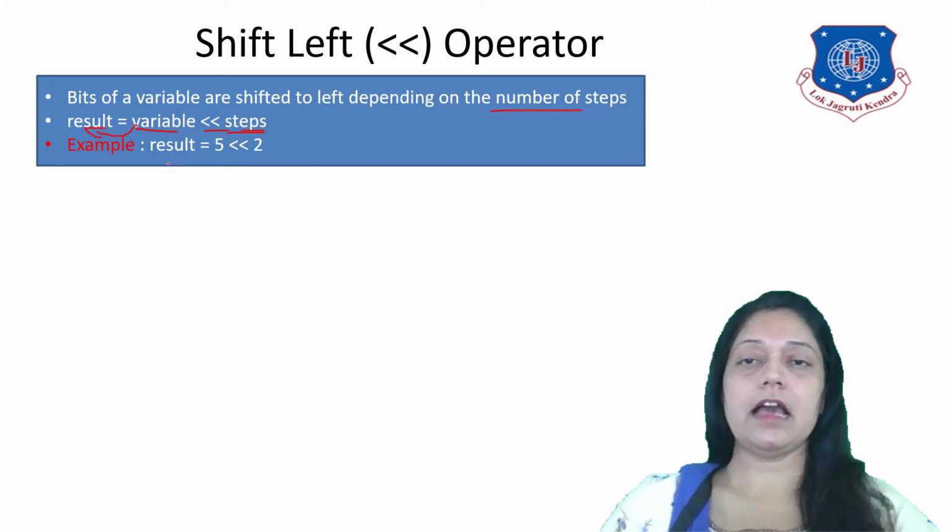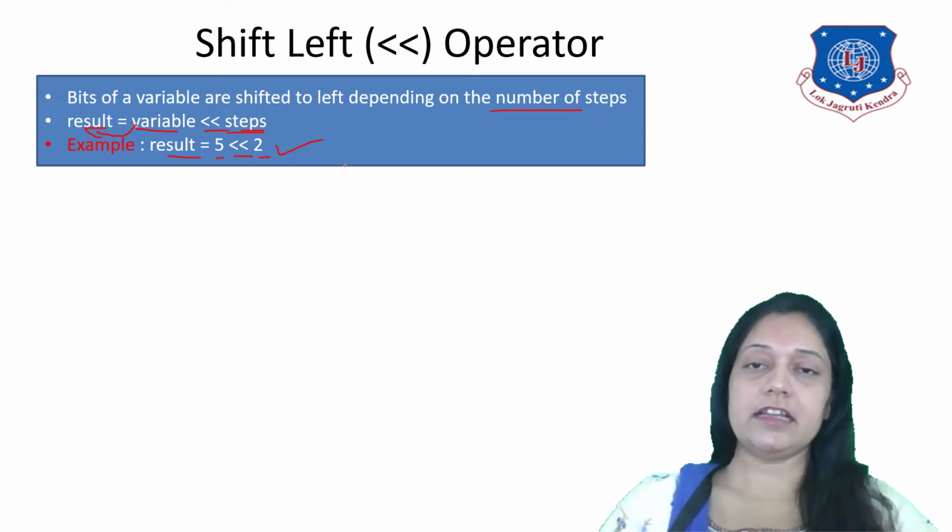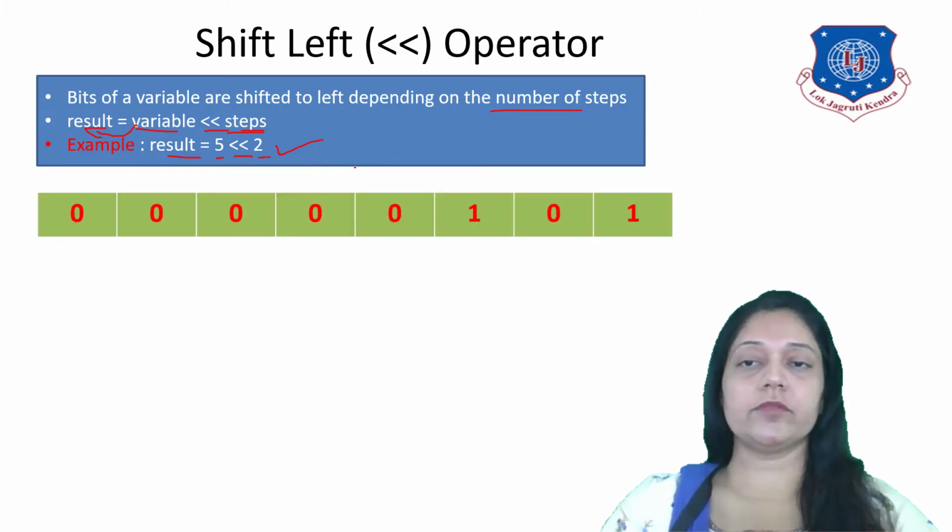Say for example, I have written a mathematical expression as result is equal to 5, which is stored in any variable, or you can directly mention 5 here. I want to shift each bit of 5 to the left side. How many times? 2 times. So let's see how it will be carried out. Now the binary value of 5 is 101.